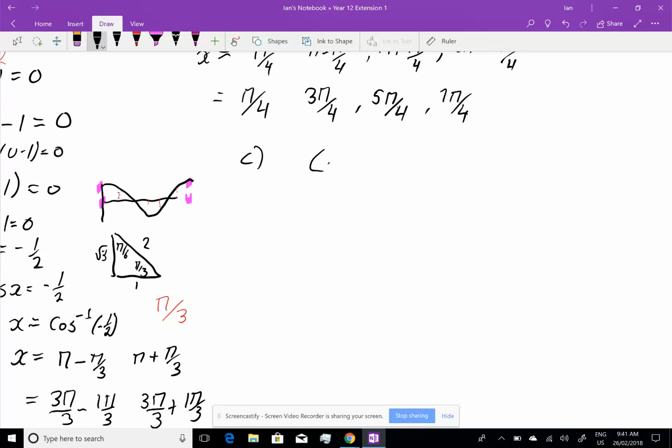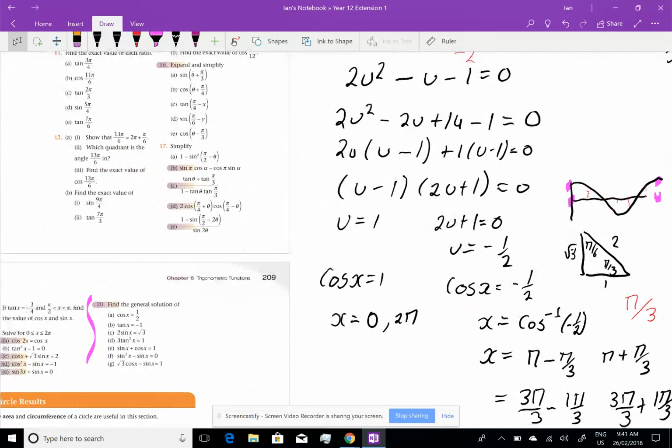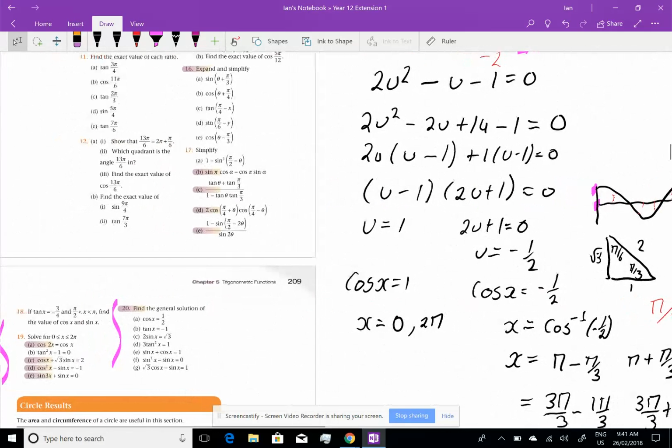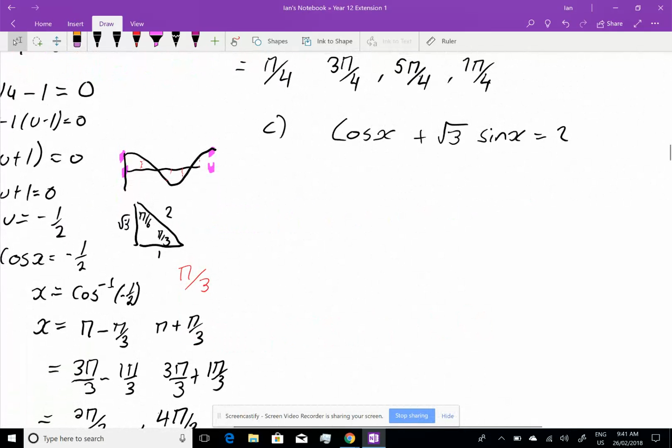So I've got cos x plus root 3 sine x equals 2. Double check that. Cos x plus root 3 sine x. Okay. Now usually they'll say express this in terms of r sine theta.